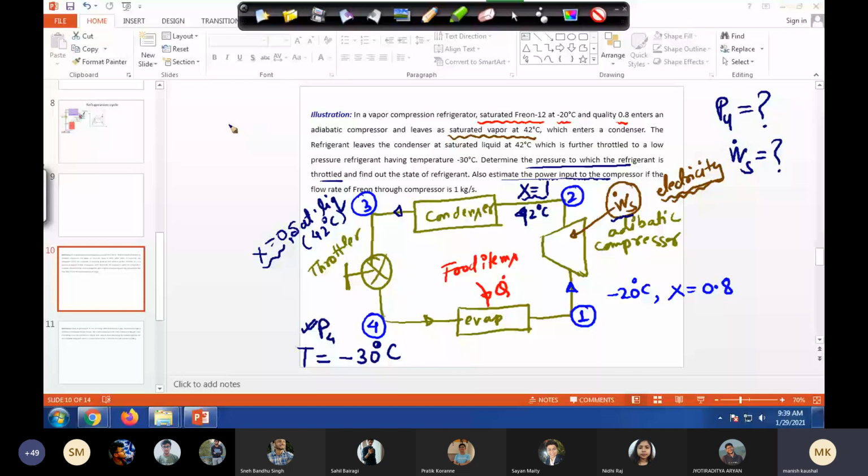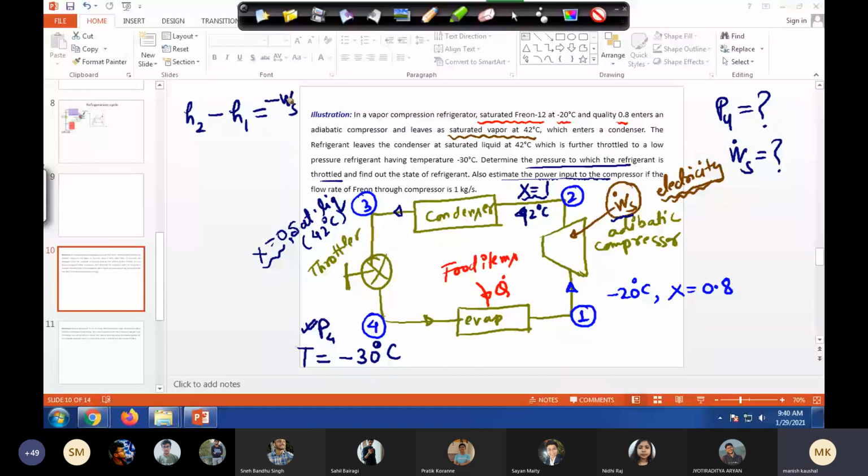The equation which comes out to be: H2 minus H1 is equal to minus W dot S by M dot. You can check in your older slides.